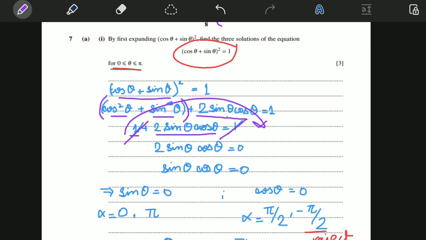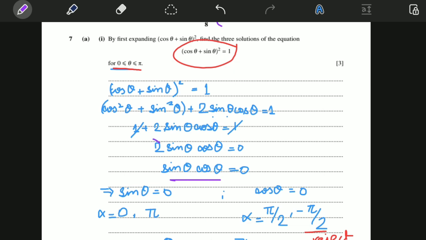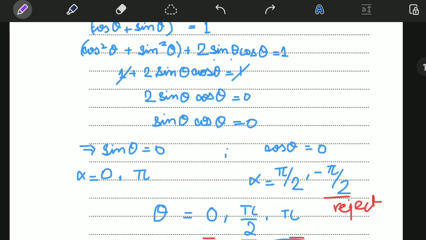So 1 minus 1 will be equal to 0. Now we are left with sine theta cos theta, because 2 when divided on the other side of the equation will give you 0. So this implies that either sine theta is equal to 0 or cos theta is equal to 0.